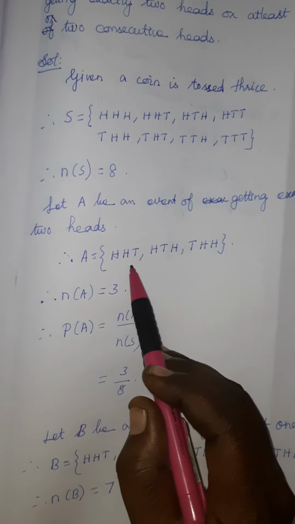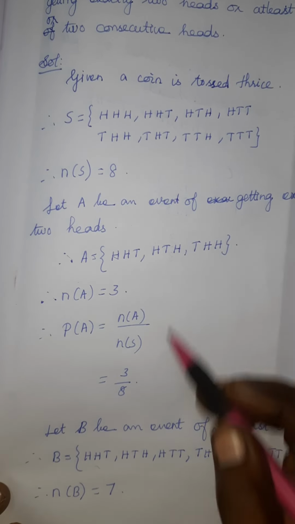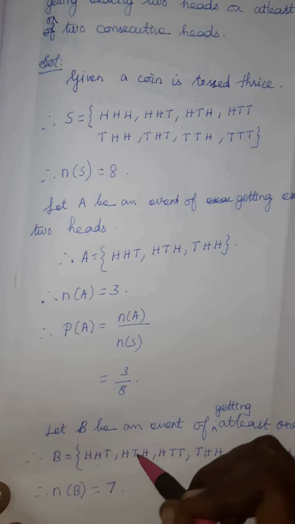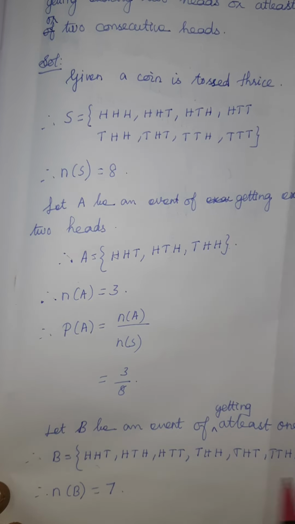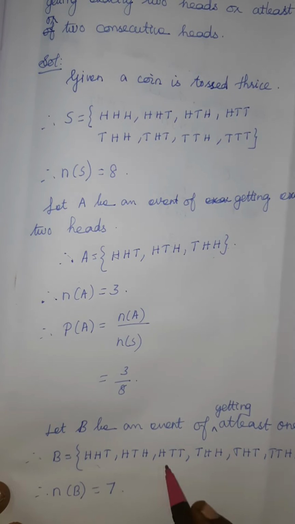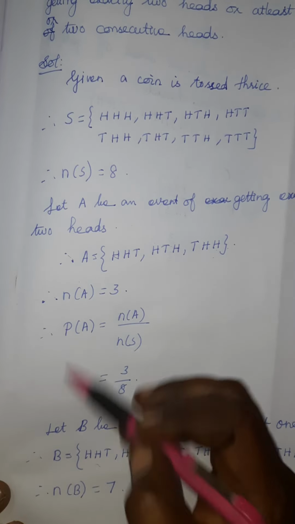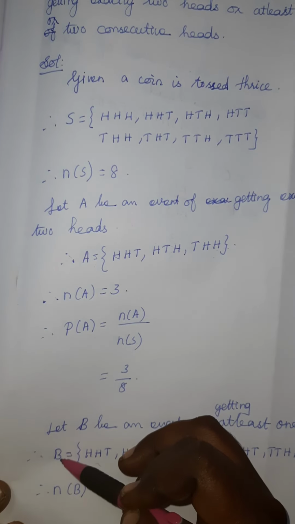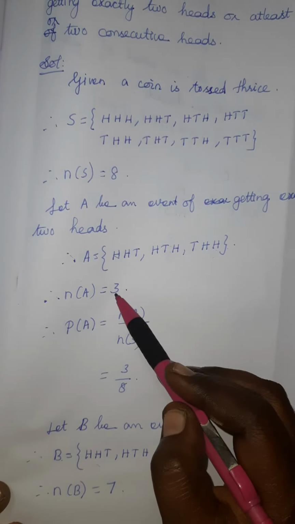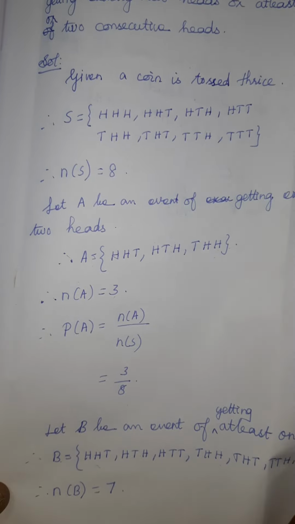Now you see HHT is common, then HTH is there, and THH is there. So all the 3 elements in A are in B also. So we can write these 3 elements as the intersection of A and B. So n of A intersection B equals 3. P of A intersection B is also 3 by 8. Next we need to find the intersection of B and C.